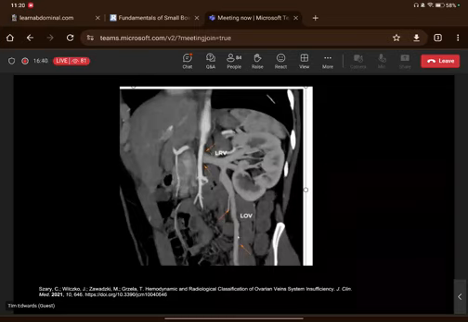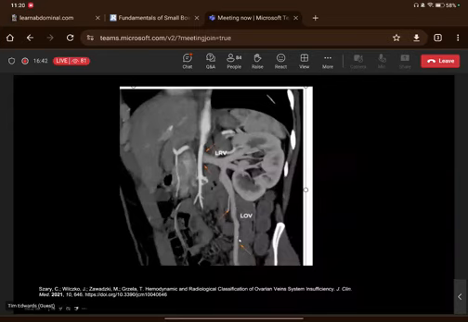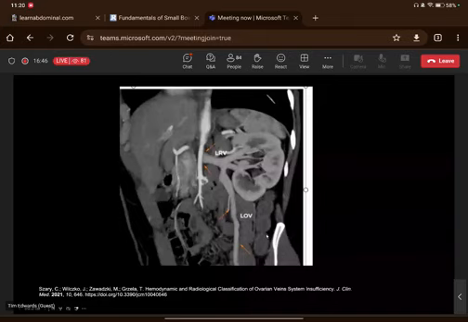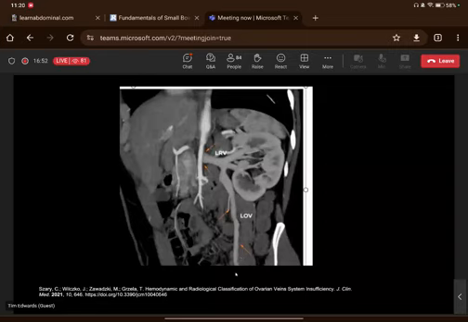So that's to be aware of in terms of the left gonadal vein. And obviously, if you can see evidence that the patient is female, then you can call it the left ovarian vein. If you can see evidence that the patient is male, you can call it the left testicular vein, or you can call it the left gonadal vein if there's nothing from the imaging to make you aware that that's the case.